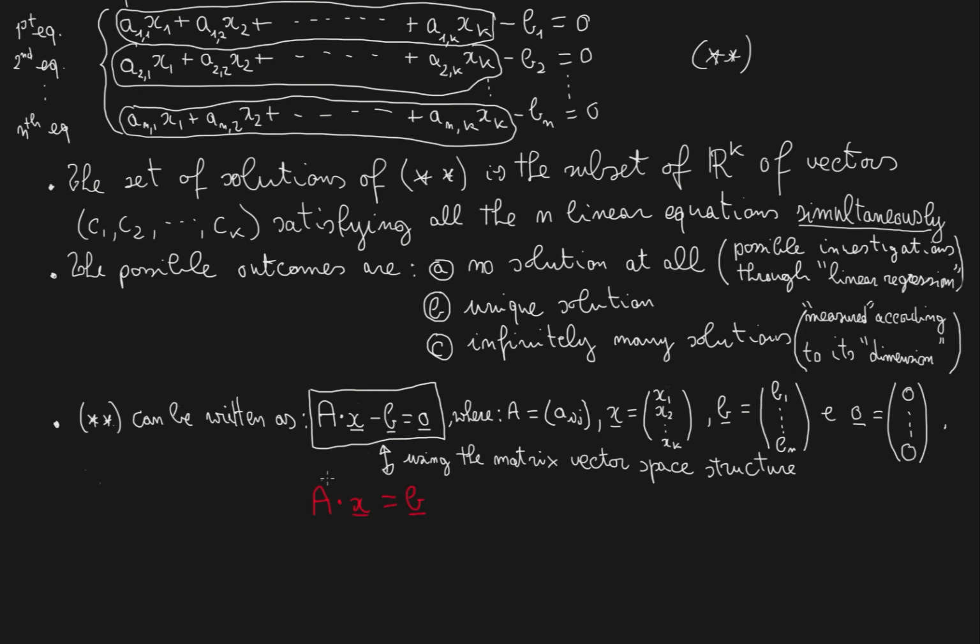So this is a different writing, if you want, from the point of view of characters, than this equality and this system, but the set of solutions of this equality is precisely the same as this, and precisely the same as this set of linear equations. This is the key writing of a general system of linear equations that you will be using.